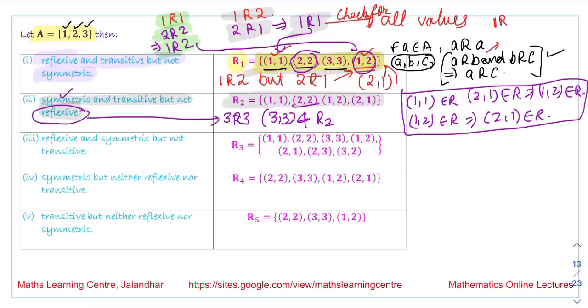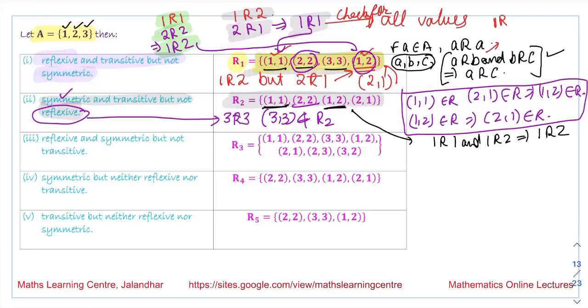Next, to check whether it is transitive or not, again we have to check all the cases. 1 is related to 1 and 1 is related to 2. This implies 1 is related to 2. Next, for 1 is related to 1, we have this condition only.